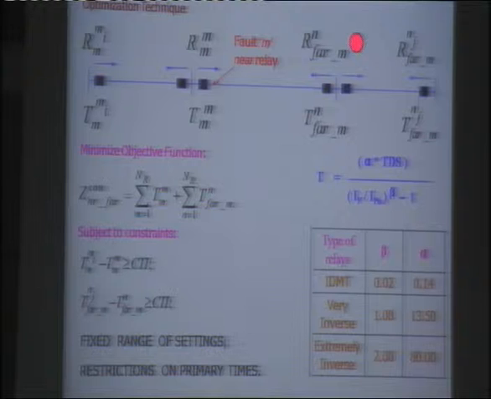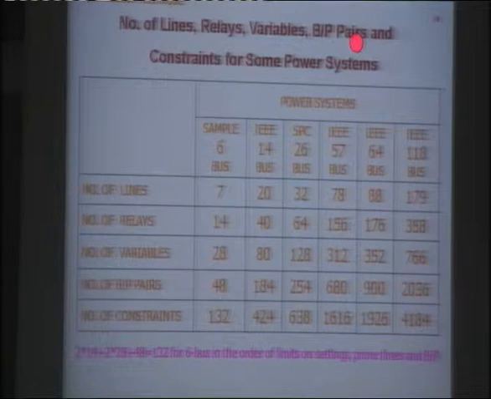It is an optimization problem where all the constraints of the problem are taken together, and then all the operating times, primary operating time and backup operating time, are added in a mathematical equation for each such fault and added together under these constraints. For example, TMMI minus TMMM should be greater than some time interval by which the backup relay should act slightly delayed.